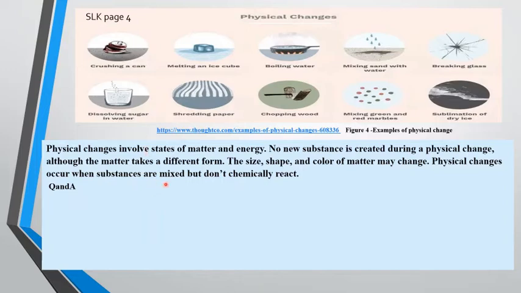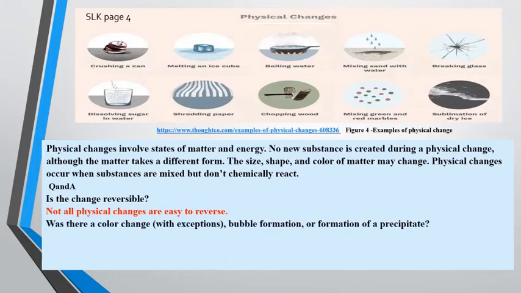Now, a few Q&A questions here I would like to answer. Is there a change? Is the change reversible? To some, yes, but not all physical changes are easy to reverse. Then, was there a color change, bubble formation, or formation of a precipitate?